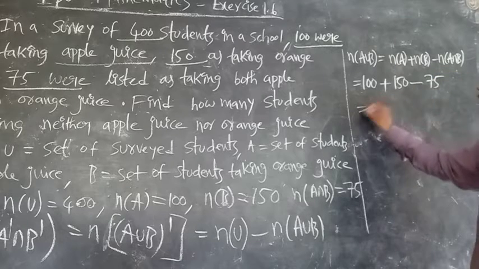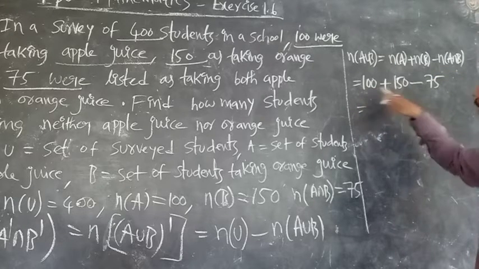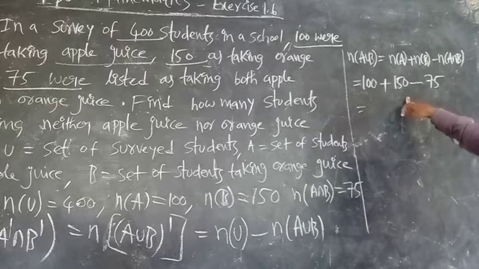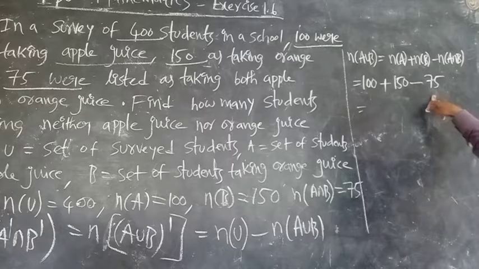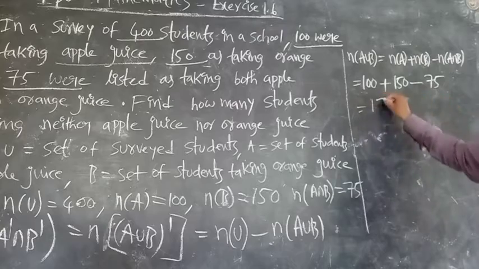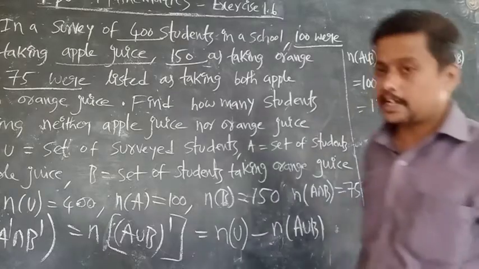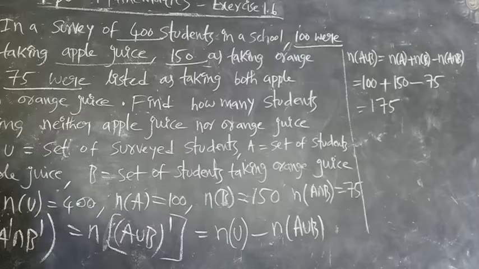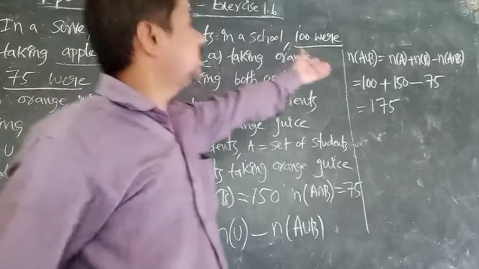Calculate: 100 plus 150 is 250. 250 minus 75 is 175. So therefore n of A union B is equal to 175. Understood? It comes to 175. So substitute that value here.